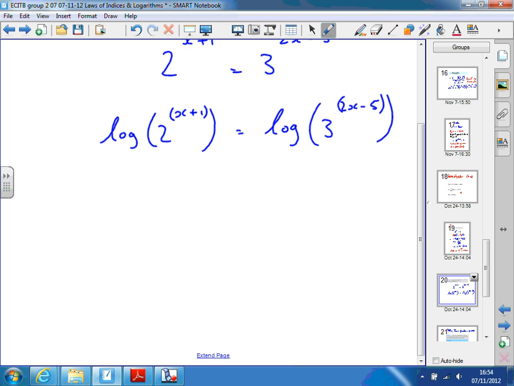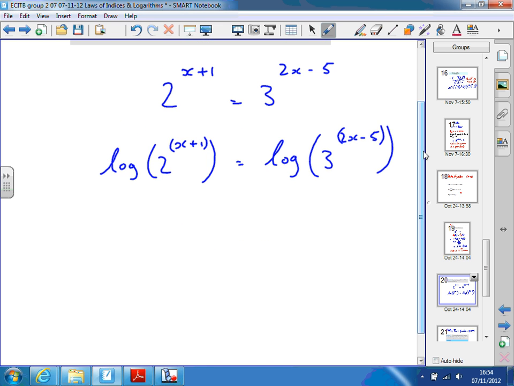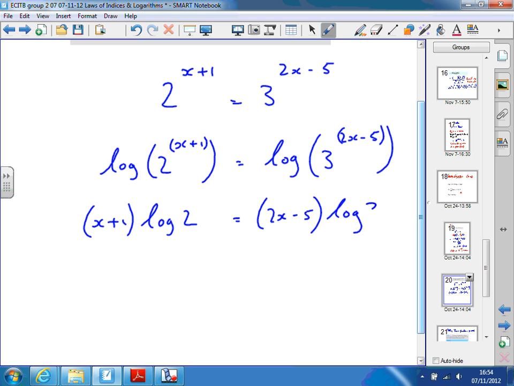So once you're used to doing these things, you can actually miss out this intermediate step and go straight to x plus 1 times the logarithm of 2 equals 2x minus 5 times the logarithm of 3, because of that third law of logarithms. That power can come down and become a multiply.